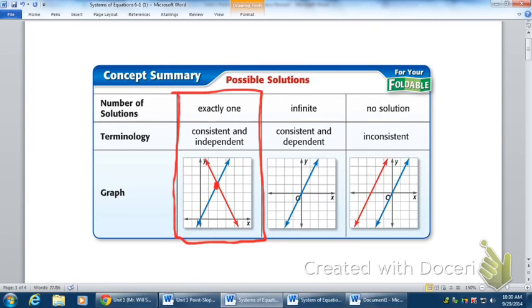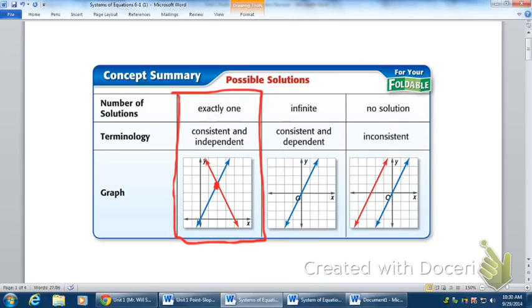The terminology, consistent and independent. I tried to figure out some kind of easy way to remember that. Has Henry come up with it yet? So they're just consistent and independent. I'm thinking of it as, well, first of all, it's consistent because there's nothing happening to it. It's just intersecting at one spot.